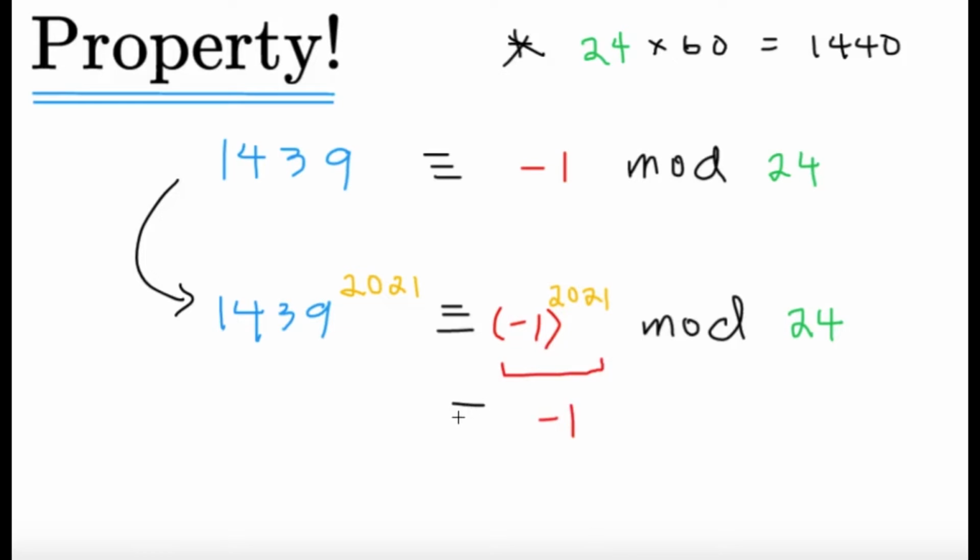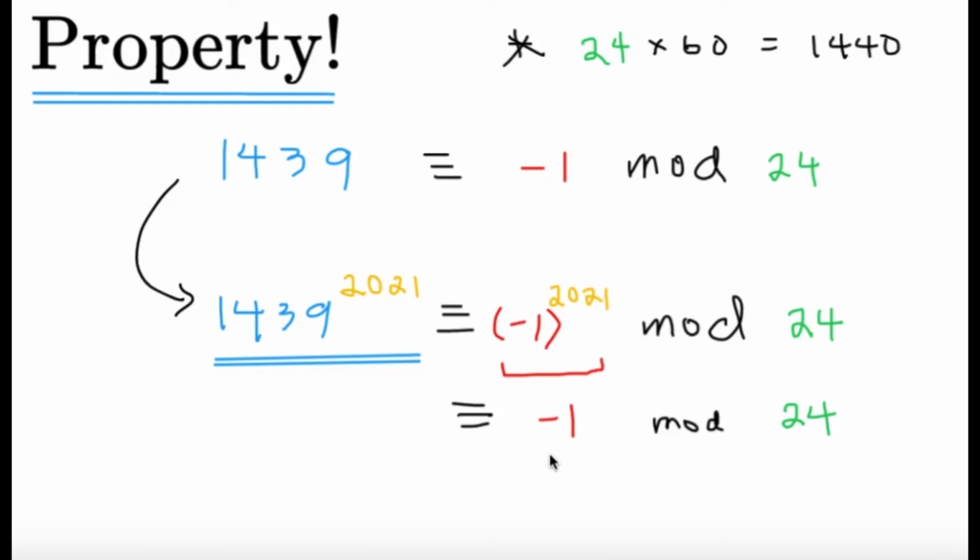So from our property, and with a little bit of simplification, 1439 raised to 2021, if I divide it by 24, I get a remainder of negative 1. Okay, that doesn't make sense, but we kind of have to use our properties of modulo again.